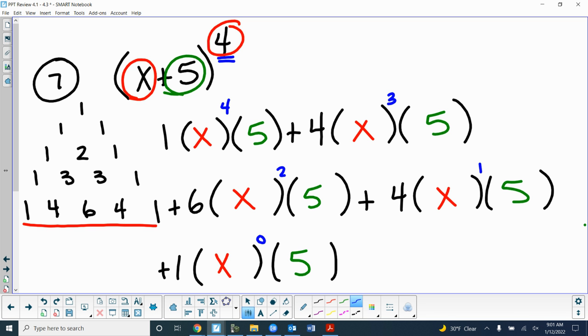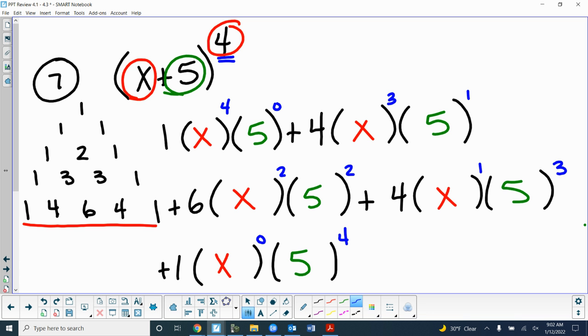And then the second parenthesis starts at 0 every time and goes up by 1s. And if you add the 2 exponents that you have, they should always add up to the original exponent, which would be 4 in this case, right? You add 4 plus 0, 3 plus 1, 2 plus 2, 1 plus 3, 0 plus 4, you get 4 every time, right? Yeah. All right.